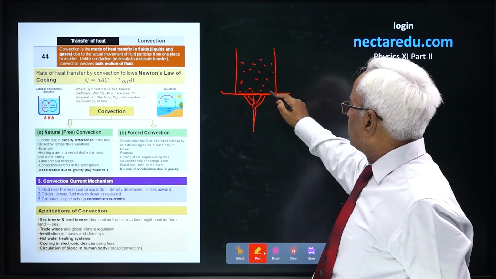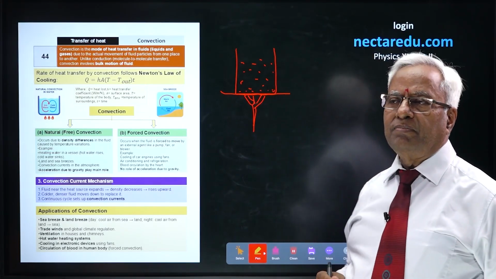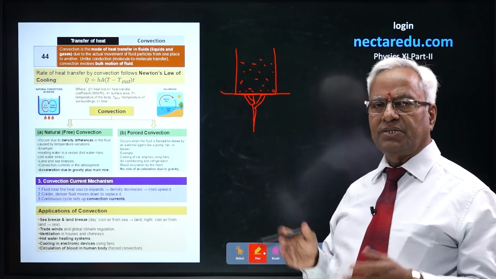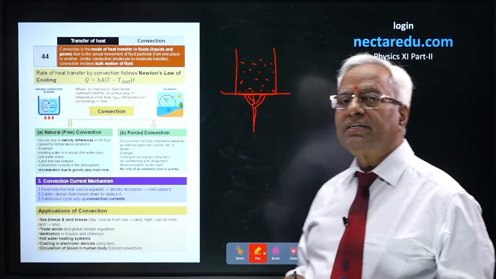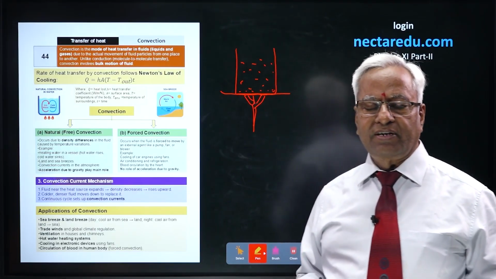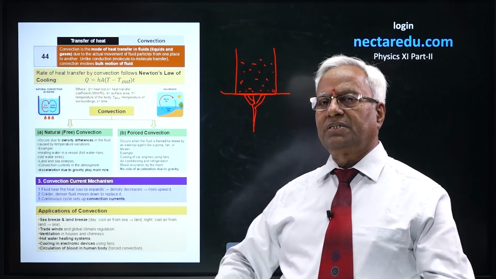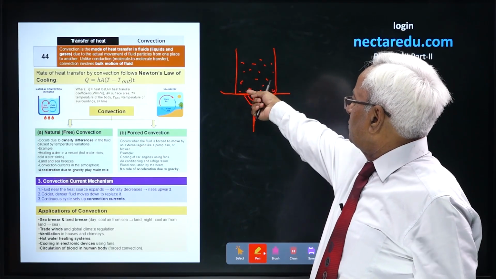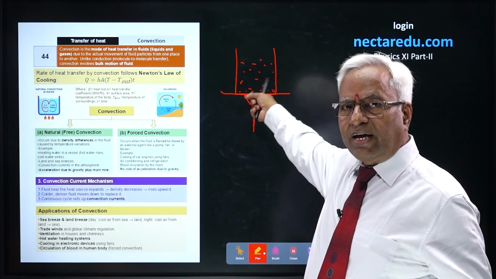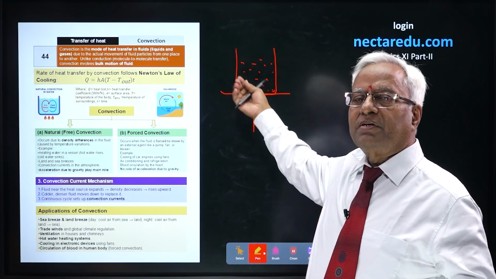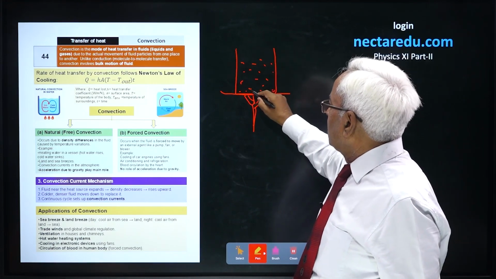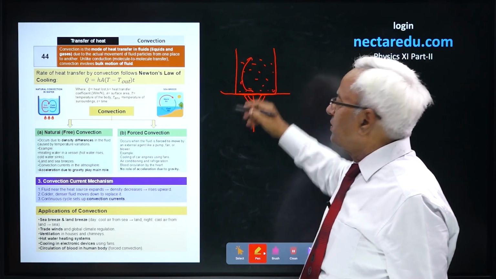Liquid at the bottom absorbing heat will certainly expand a little, its volume increases, density decreases, and a lower density object cannot remain at the bottom, it will certainly go higher in the liquid. So this which has expanded, or has become a bit lighter, will go upward. So lighter liquid has gone upward.